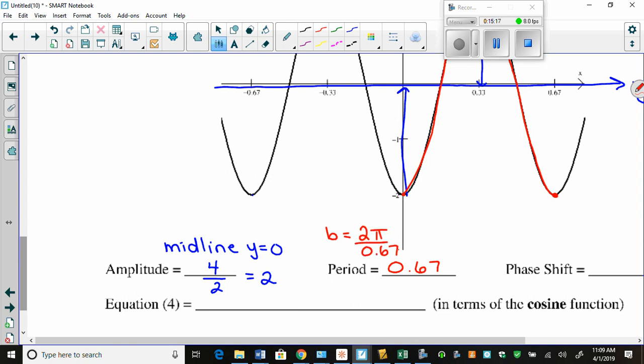And you could just leave it like that. Or you could go 2 divided by 0.67, which gets me 200 over 67. So if I just put it in without the pi, I'd get 200 pi over 67. So I could do it that way too.